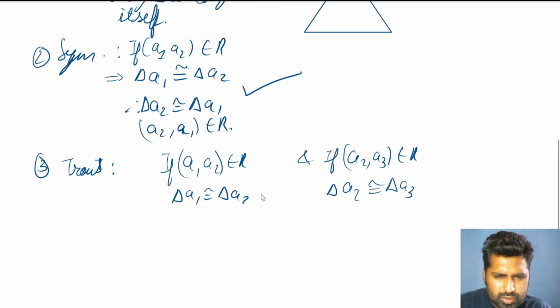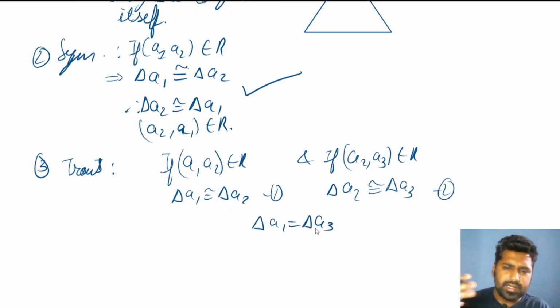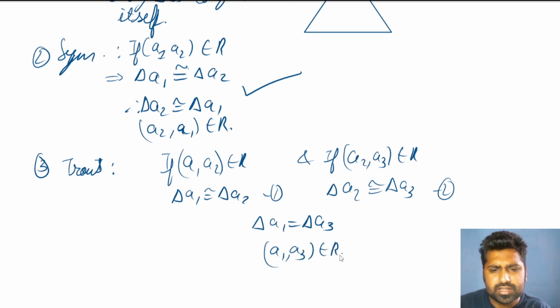Mark this as 1, this as 2. Can I say triangle A1 is congruent to triangle A3? From these two conditions we can imply this. So I can say (A1, A3) definitely belongs to this relation. The relation is that the triangles have to be congruent.